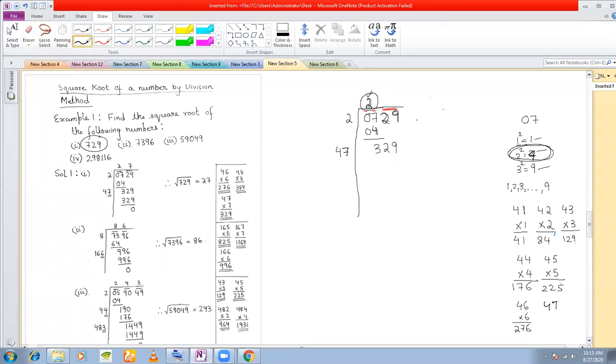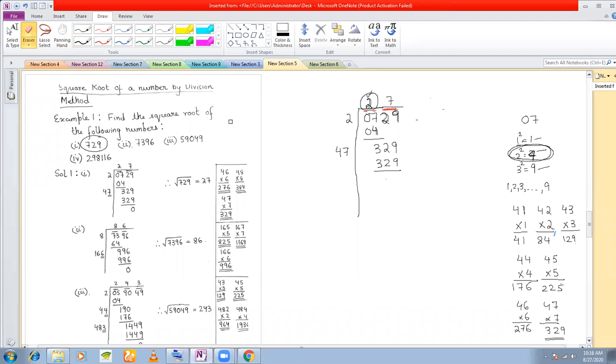So 47 into 7 is 329. So we are getting exactly 329. 47 into 7. So we'll keep this 7 here, and we'll write this 7 here also. 329. Okay, better write 0.